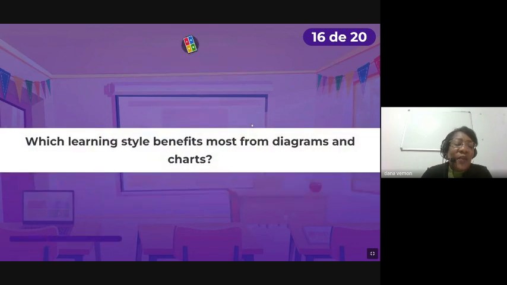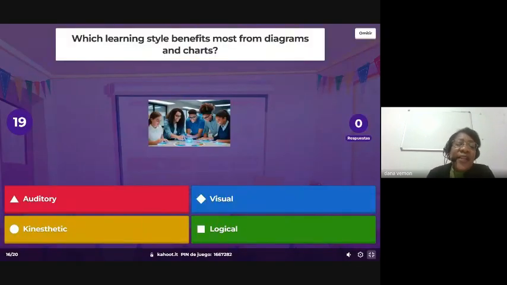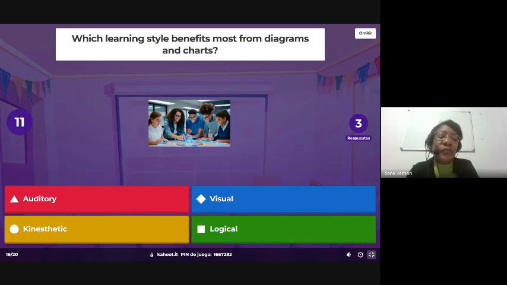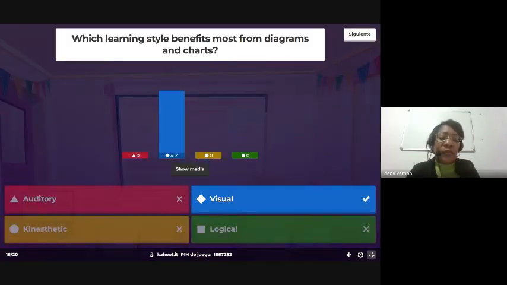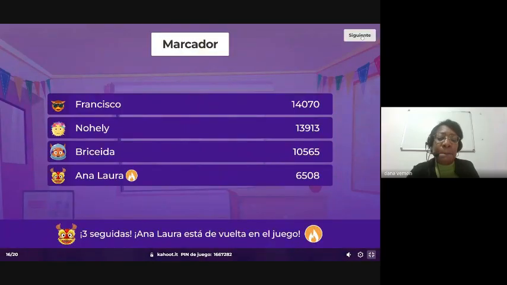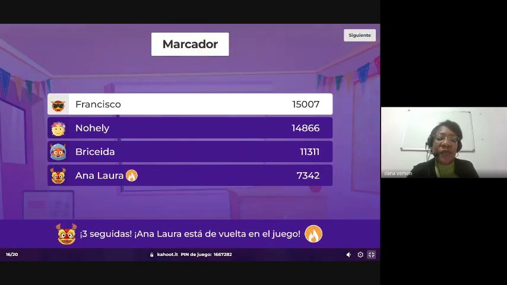Let's go. Which learning style benefits most from diagrams and charts? Okay, visual. Good, excellent.